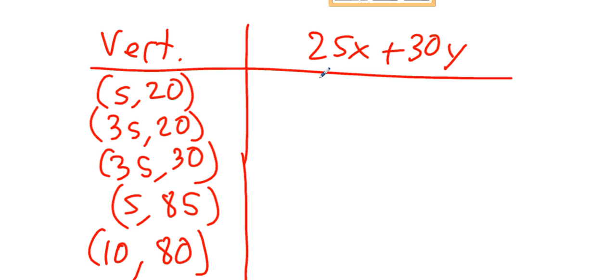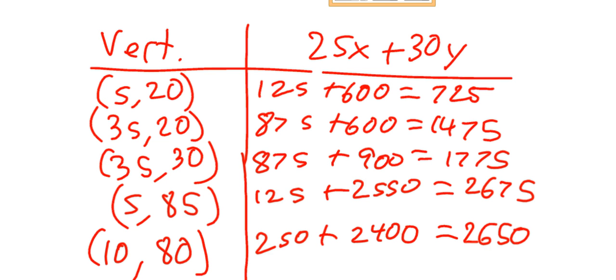So plug in 5 for x, 20 for y, get an answer for all 5 vertices. So you plug in all those numbers, you get 725, 1,475, 1,775, 2,675, and 2,650.